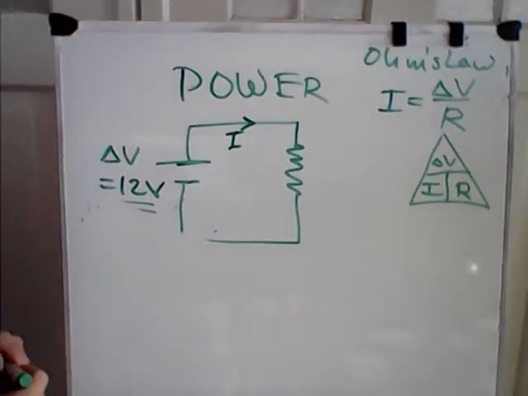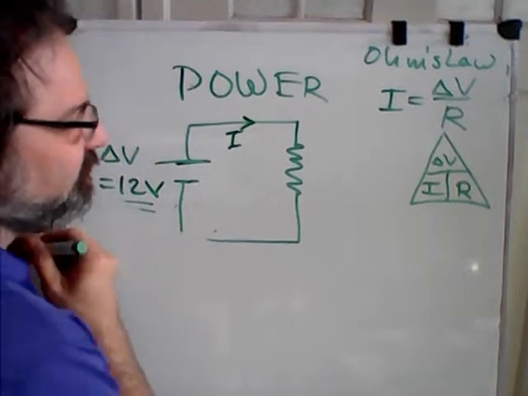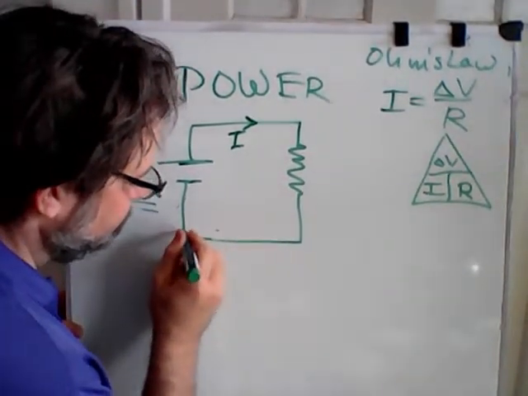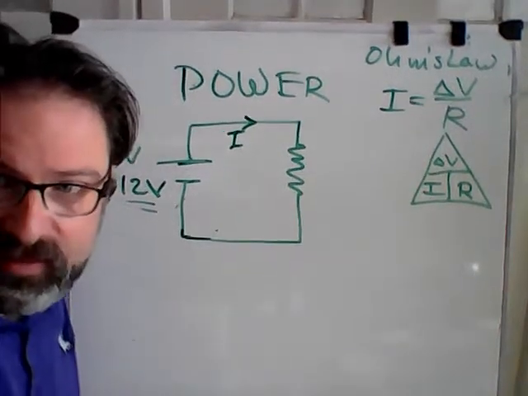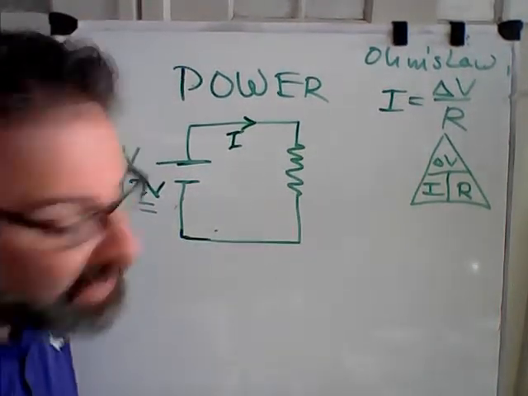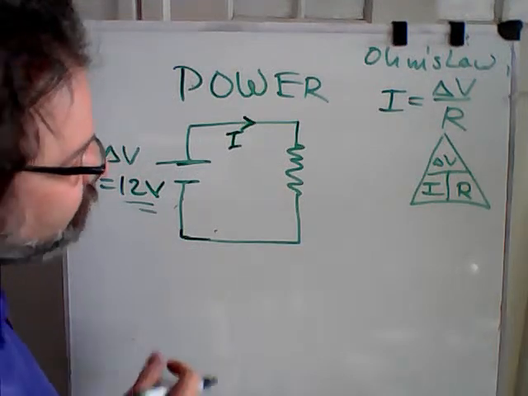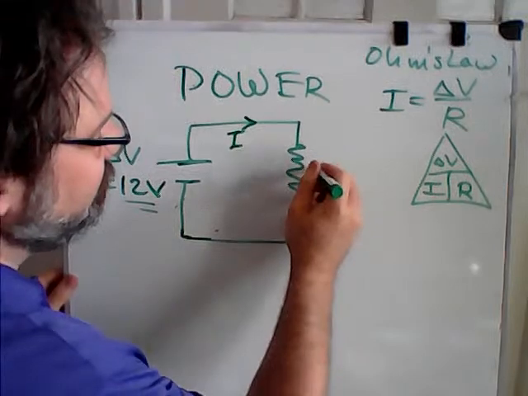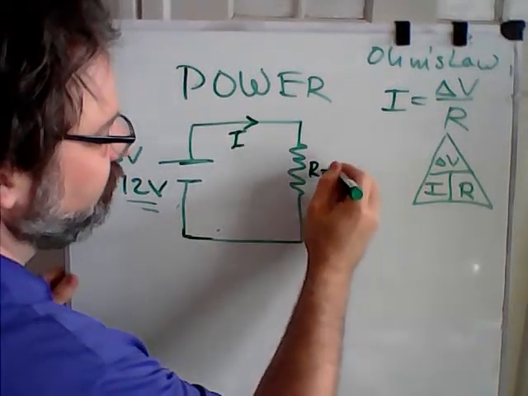Come back on screen over here for the top of this. We still have our 12-volt battery here. We're going to now modify our problem just a little bit. Not sure why I got the funny voice. Here's my question for you. We still have this resistor with 3 ohms here.